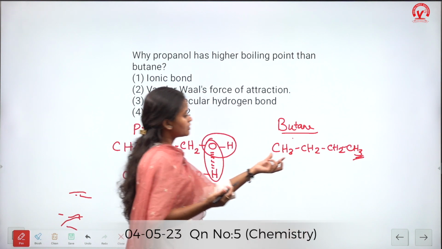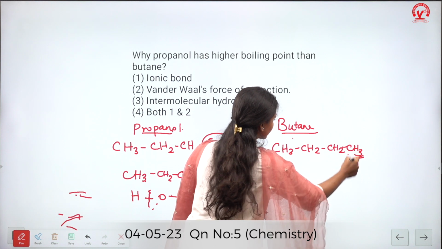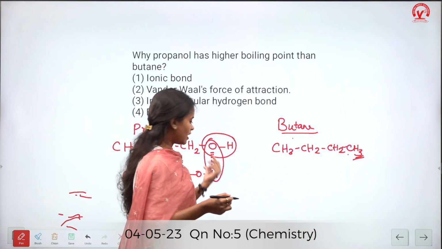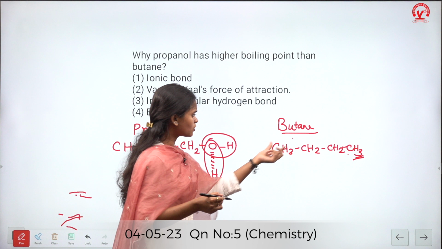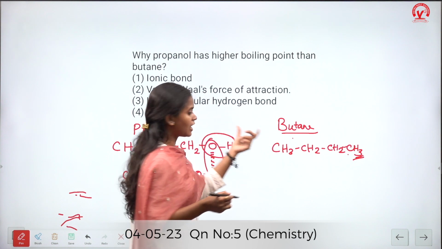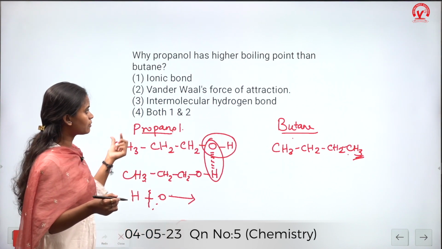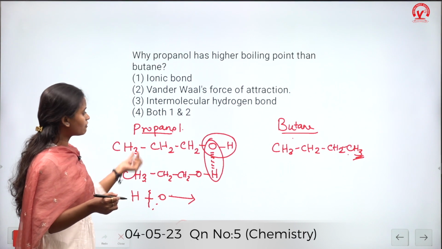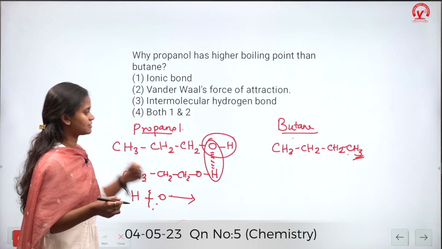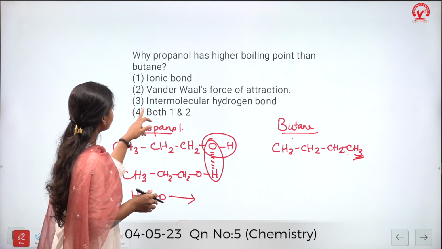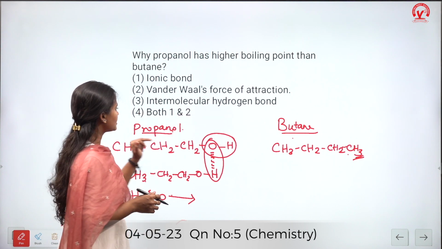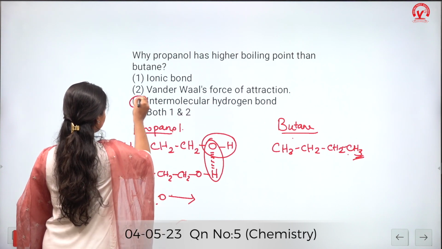We can break it easily when compared to hydrogen bonding. So when comparing propanol and butane, propanol has a higher boiling point because of the hydrogen bonds present. So the option is that there is an intermolecular hydrogen bond present here.